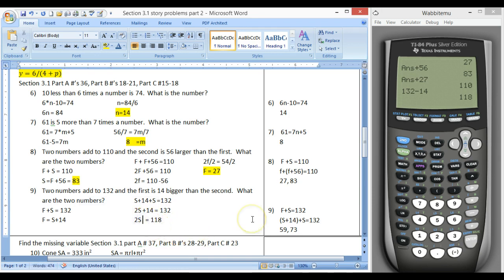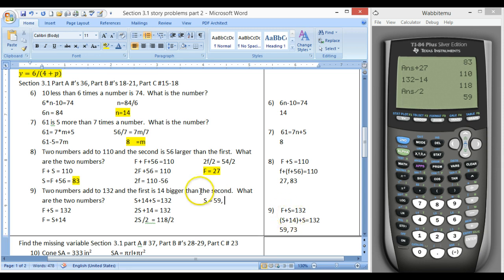Now again I need to continue solving for the s by isolating it. The opposite of 2 times s is divide by 2, and on the right-hand side divide by 2. So on the left-hand side, 2 divided by 2 cancels, and I'm left with s equals 118 divided by 2, 59. Yep, it matches, so we did that right. 59.